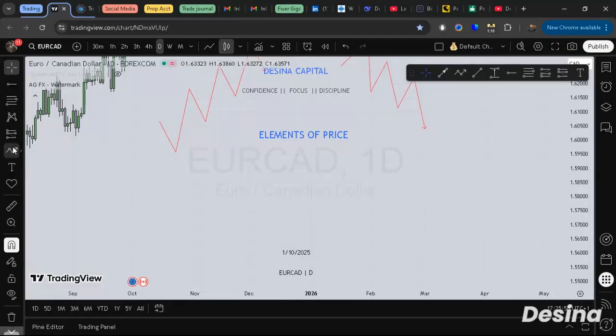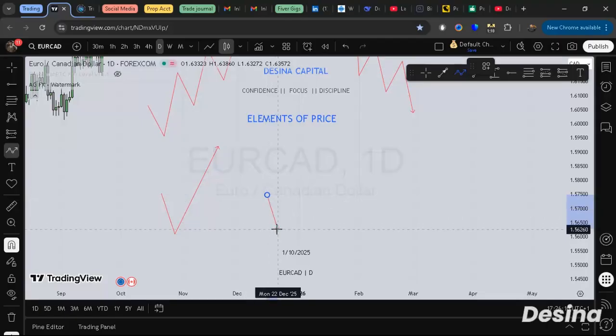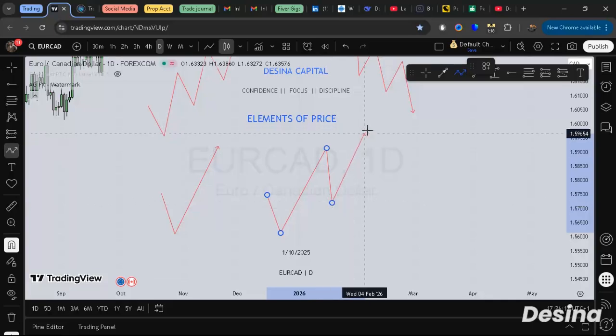Nothing outside these four. So the first one I'll be explaining, in a bullish scenario, this is an expansion. Yes, this move is an expansion. The second one we are going to have is a retracement. This is a retracement.